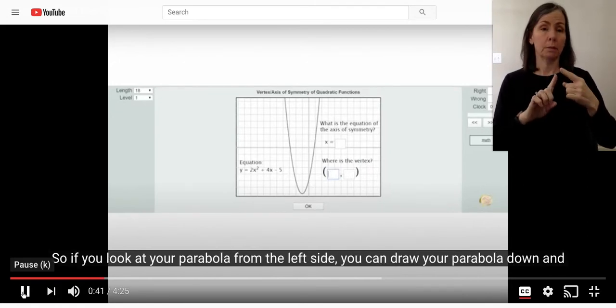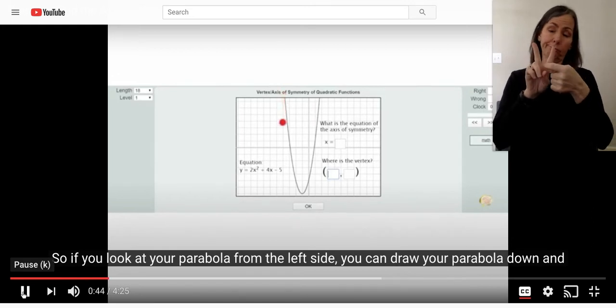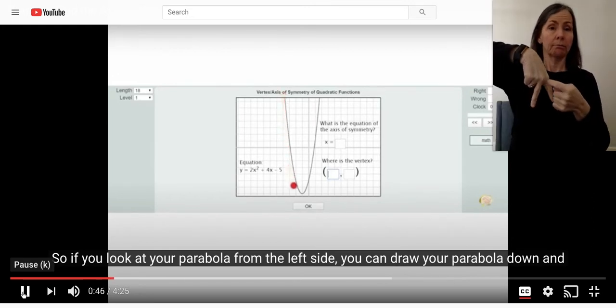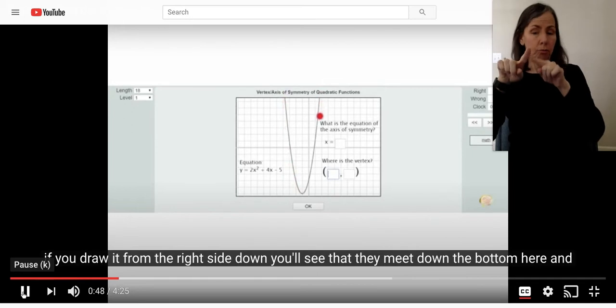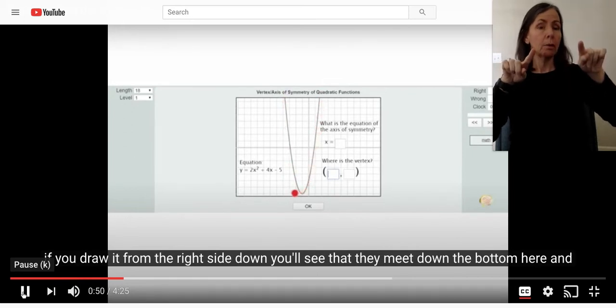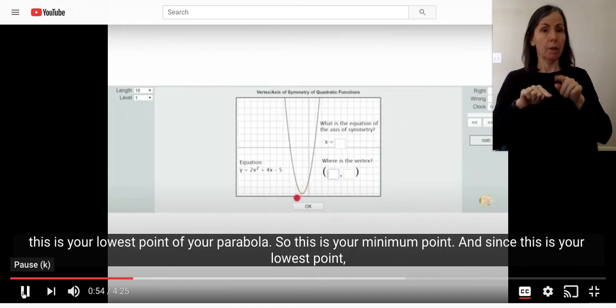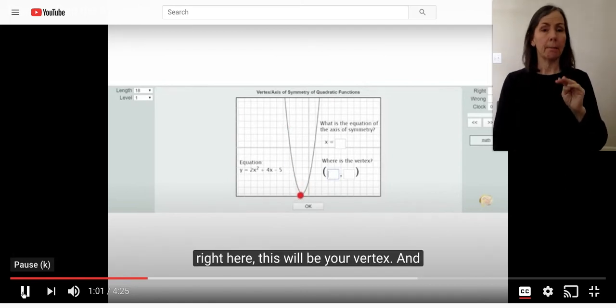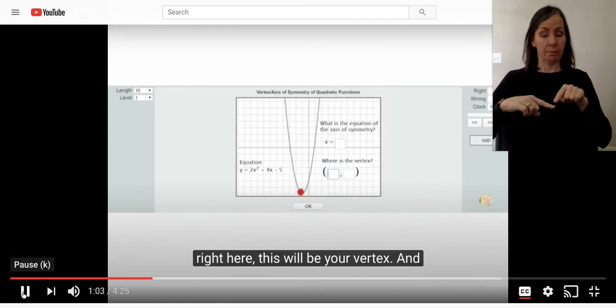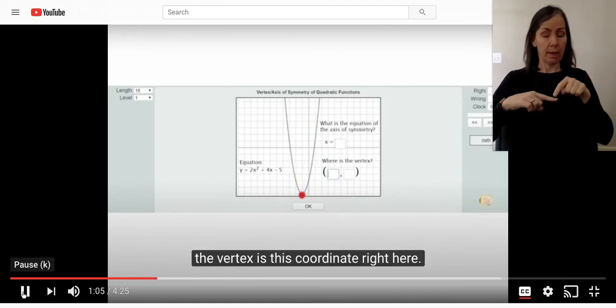If you draw your parabola down from the left side, and from the right side, you'll see that they meet at the bottom here. This is your lowest point, your minimum point, so this will be your vertex. And the vertex is this coordinate right here.